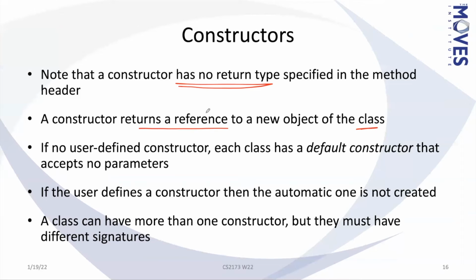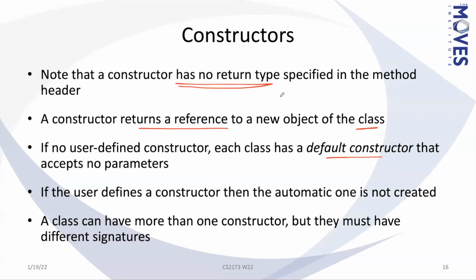Now, there are some subtleties about constructors that are important to understand. In almost every case, you want to define a constructor, but if you don't, Java will define one for you. The default constructor is one that has the name of the class with no arguments.